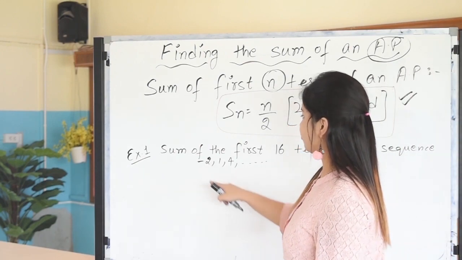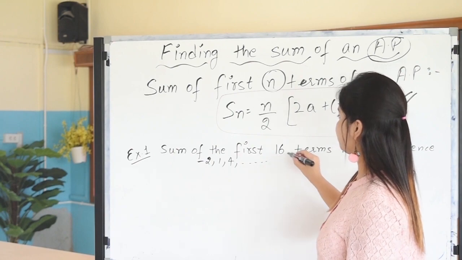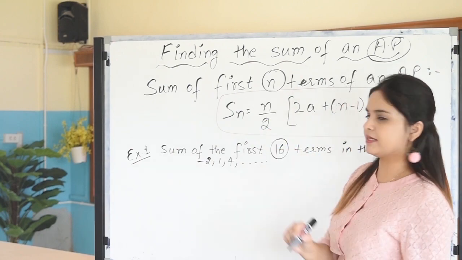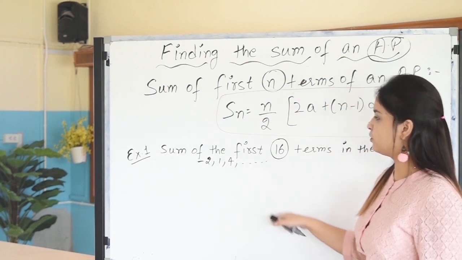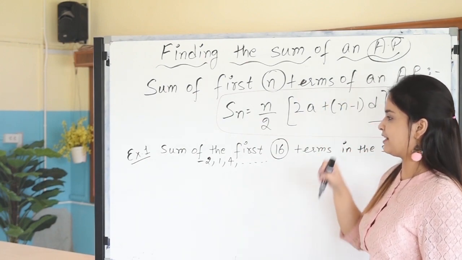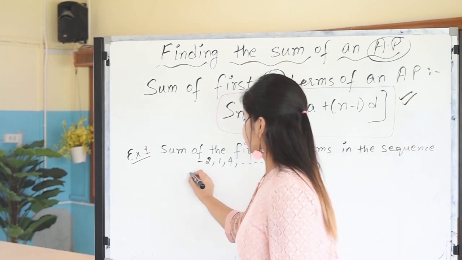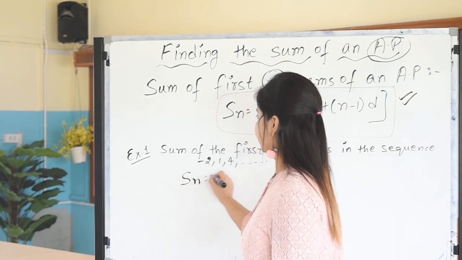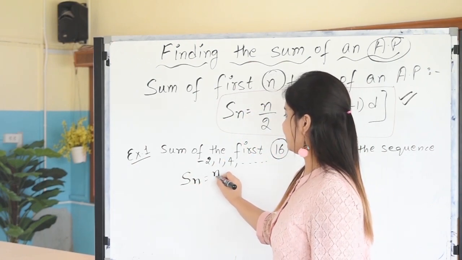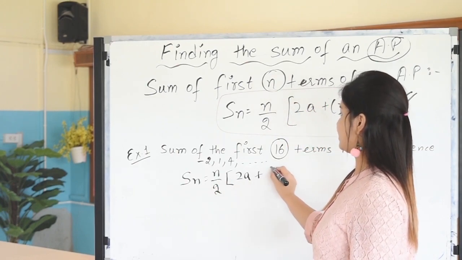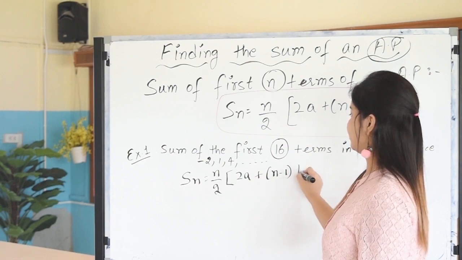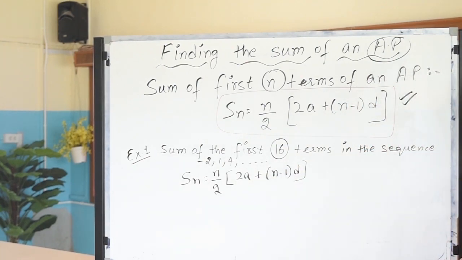In this given sequence, you have to find the sum of first 16 terms of the sequence -2, 1, 4 and so on. So let's start. Sn is n over 2 times (2a plus (n minus 1) times d).